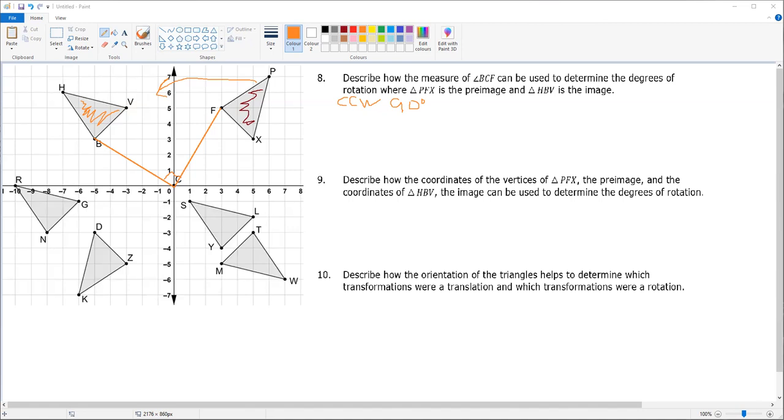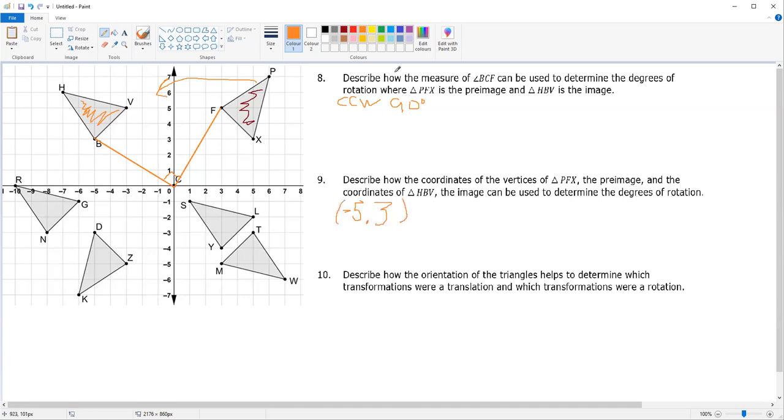Well, now we can figure those out. Okay, so we have point B here, that is an x value of -5 and a y value of 3, and we have point F here, that is an x value of 5 and a y value of 3.